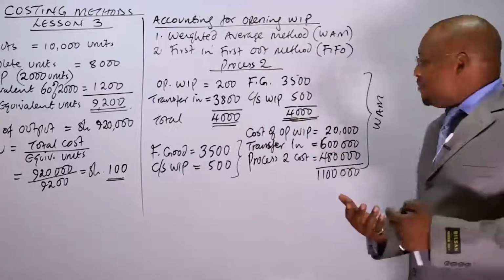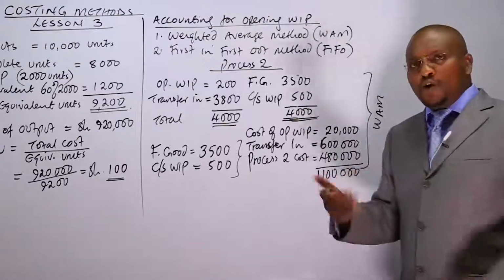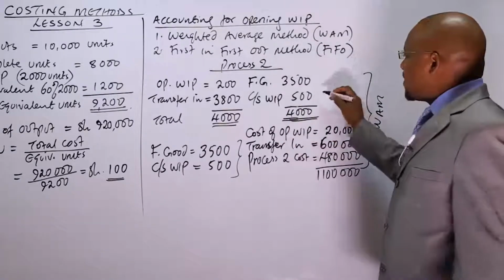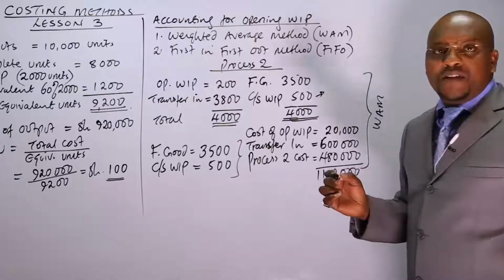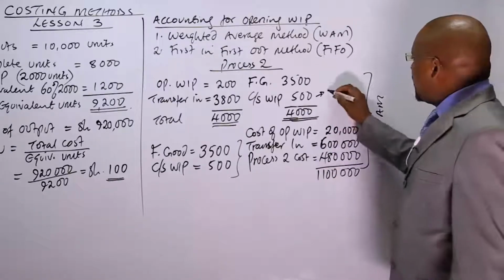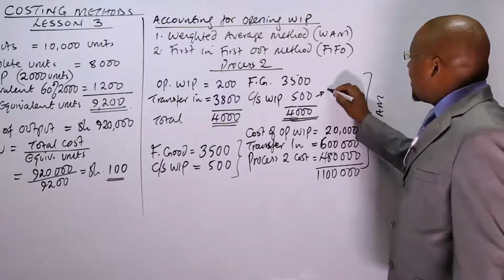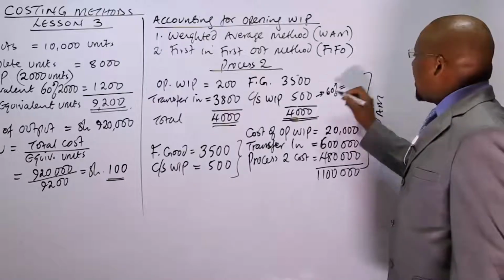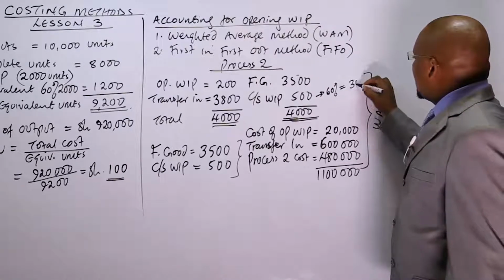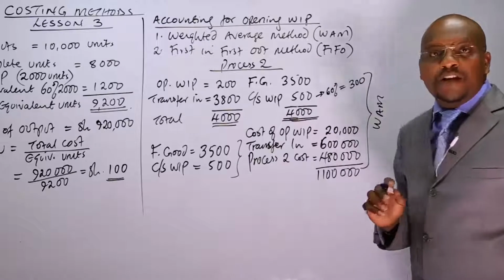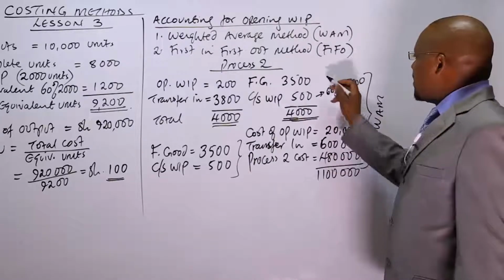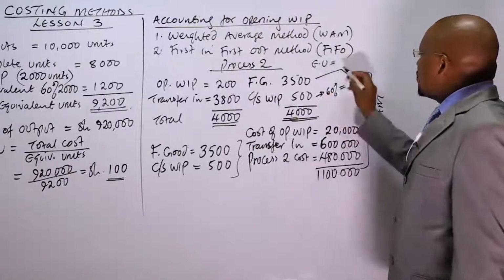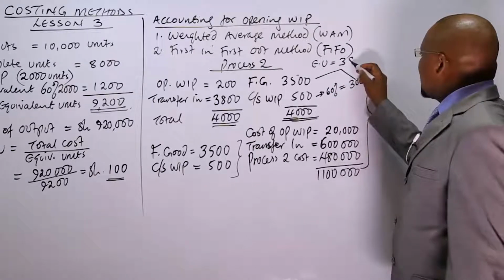So if this closing work in progress is complete, let's say, only 60%, that means the equivalent units are 300 units, so our total equivalent units are actually 3,800.